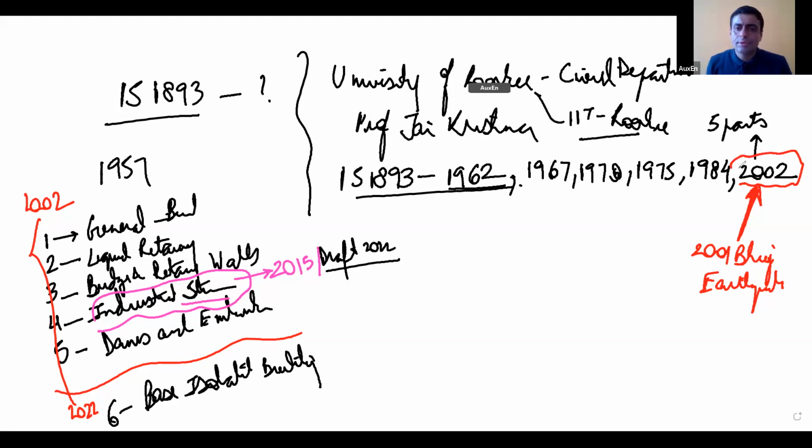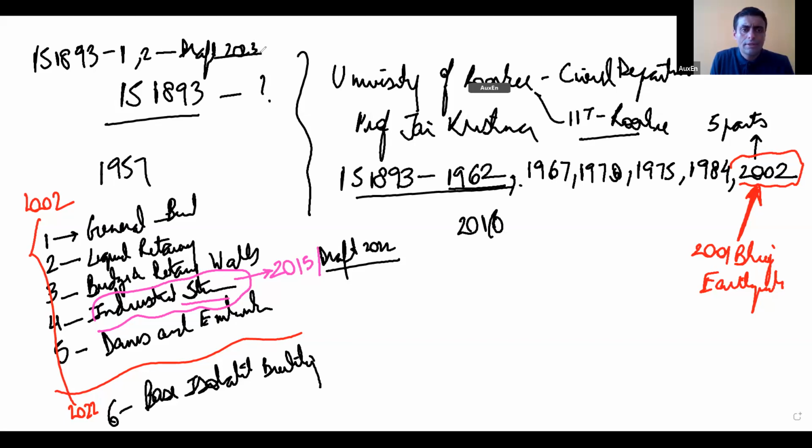Then after 2002, it was revised in which year? 1893. After 2002, it was revised in 2016. And after 2016, now we may expect, I think most of you must have read the 1893 part 1 and part 2 draft. Have you read it for the year 2023? Yes, there is a draft in circulation for 1893 part 1, part 2. Have you read that?